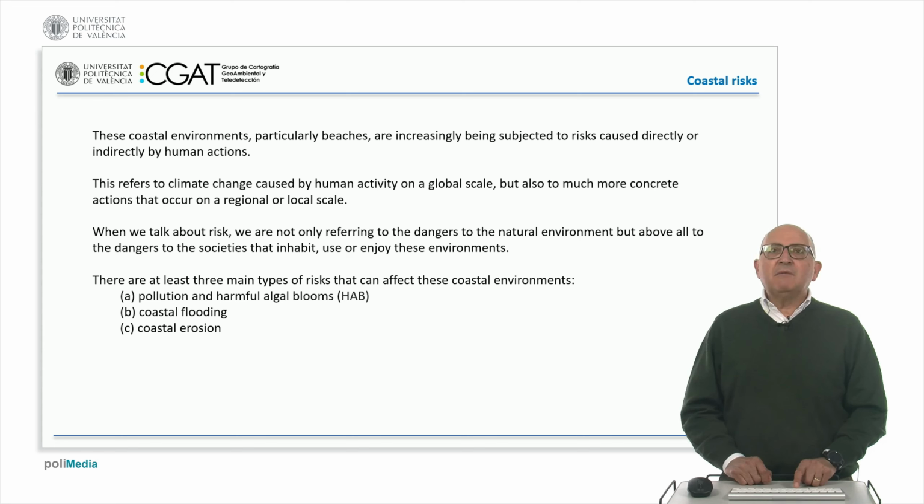These risks can pose a danger for the natural environment itself, but above all, a danger to societies. We differentiate three major risk groups that will affect these coastal environments: pollution and proliferation of harmful algae, coastal floods and coastal erosion.